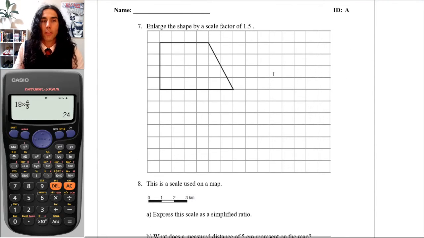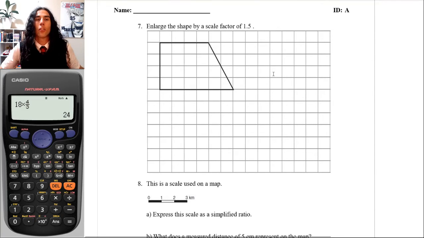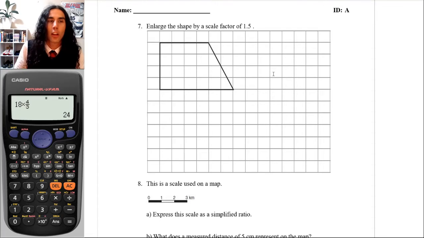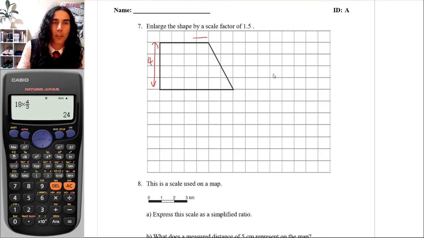This one. Have a go at this one. Enlarge the shape. Answer in 5, 4, 3. Enlarge the shape. You need a ruler to draw straight lines. That's 4 units here. I don't care if it's centimeters or not, but it's 4 units on the grid. That's 4. That's 6. And once I've got those 3 sides, I'll just join them up.